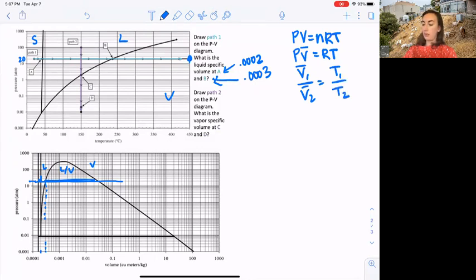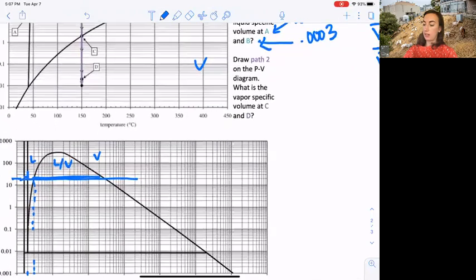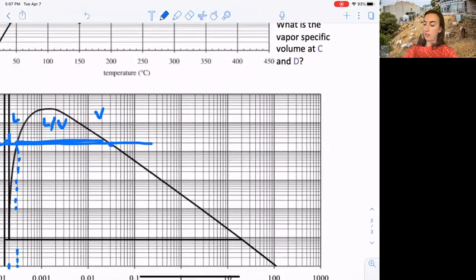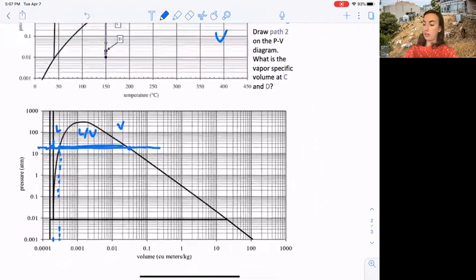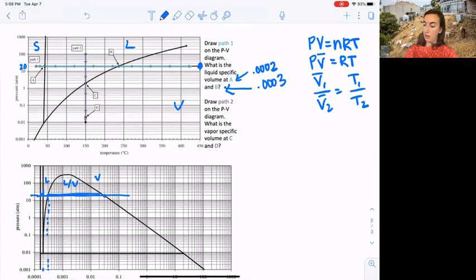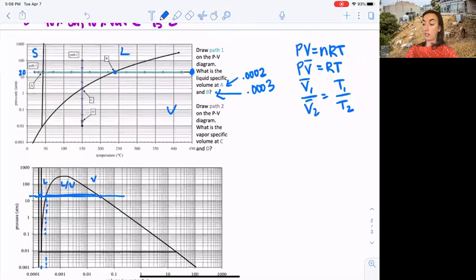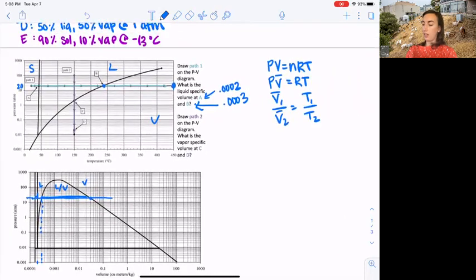And so if we know that our specific volume, when we just got to the vapor phase here, was about 0.03, and we can read its temperature off the graph here, and that is about 237, then we can say V1 is about 0.03, and T1 is 237 plus 273.